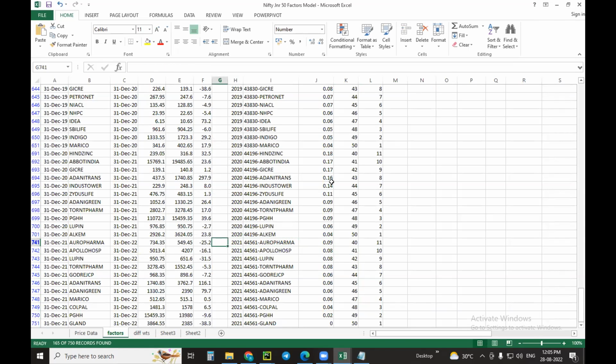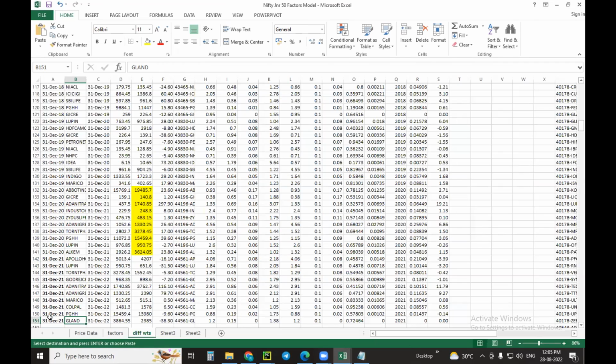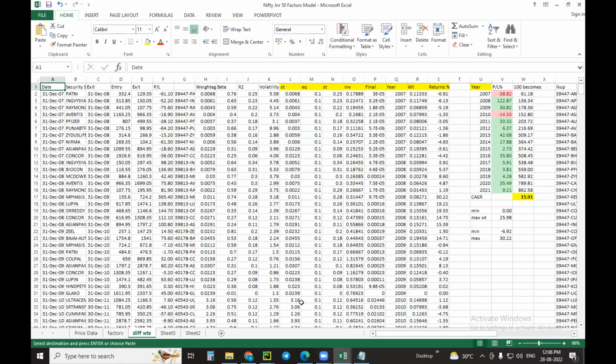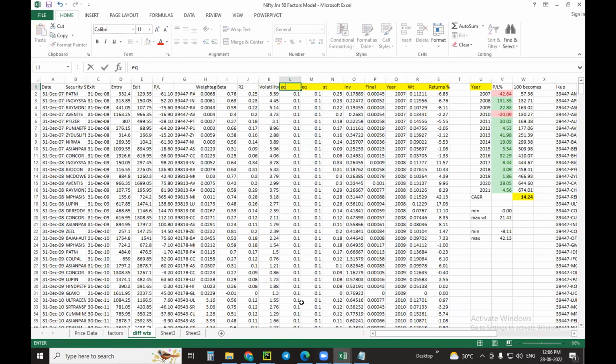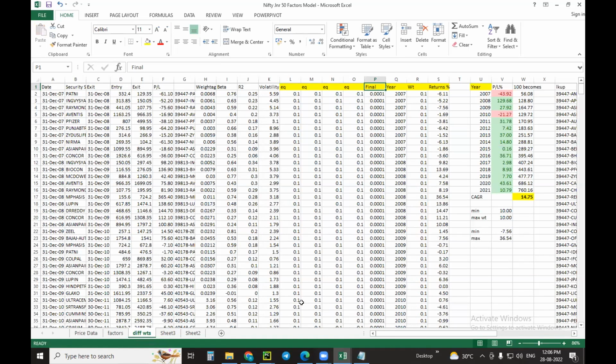Oh yeah, replace. Okay. Now go up. What we have taken is only the low R2 stocks, and you can fill there with the multiple options. Go on to L, put everything equal. So you are getting 760.